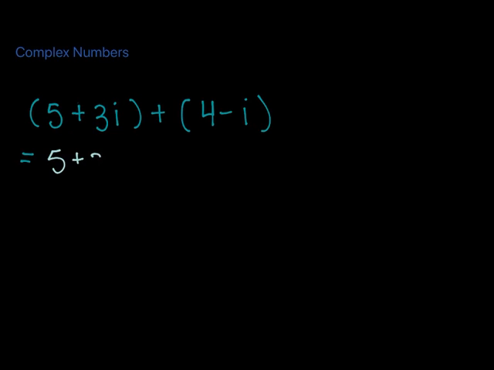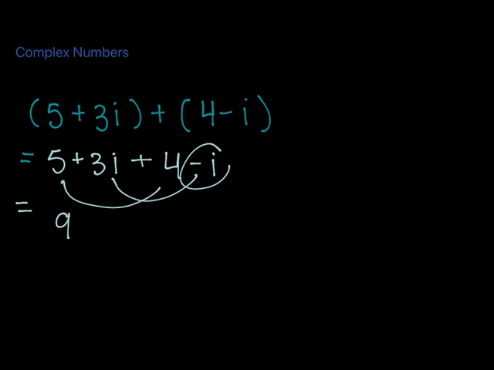Since 5 plus 4 is 9, and 3i minus i would be 2i, the complex numbers 5 plus 3i plus 4 minus i would equal the complex number 9 plus 2i.